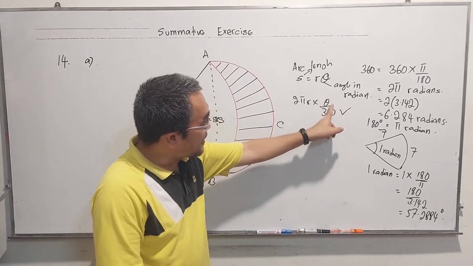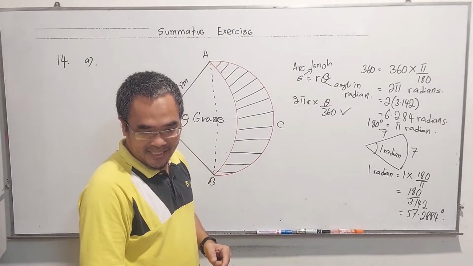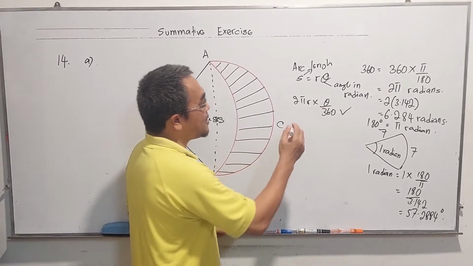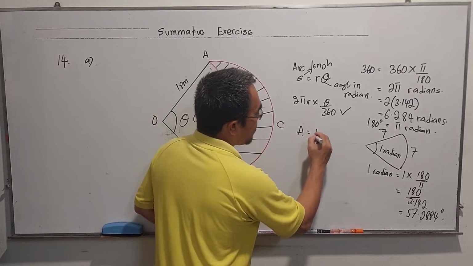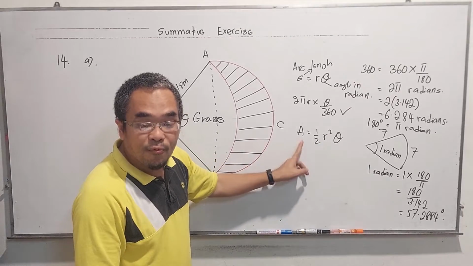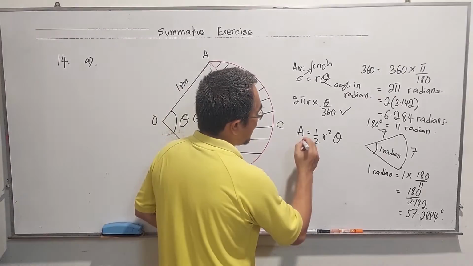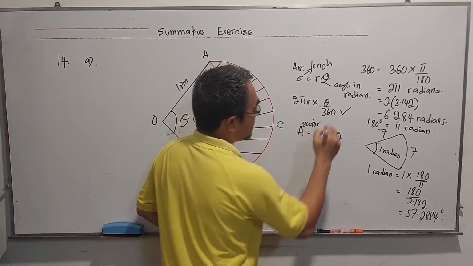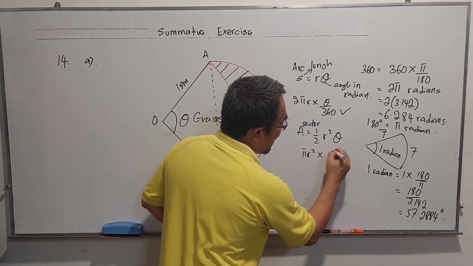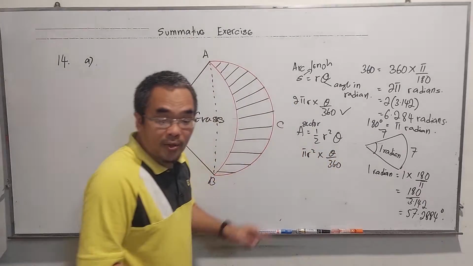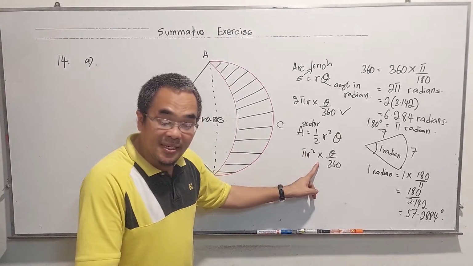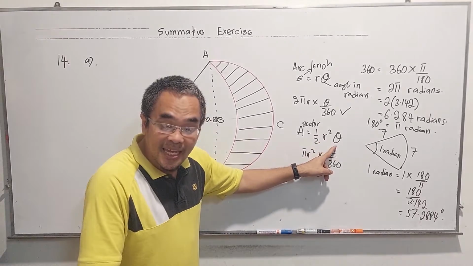Yes, but the angle must be in degrees. How about area? Area of sector will be 1 over 2 r squared theta. The area of a sector is also pi r squared times theta over 360 if we are talking about angle in degrees. The former is for angle in radian.